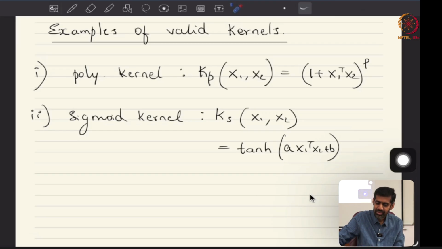An interesting thing is, suppose this is your kernel, what would be your final W star with a kernelized version? W star will be the sum of mu i star times yi times phi of xi, right? Now how do you compute that? You do not know phi. You do not want W star.